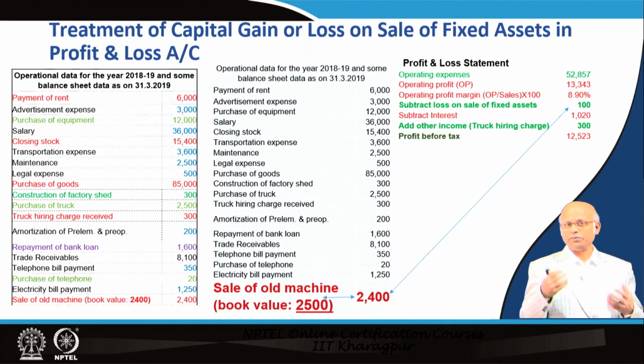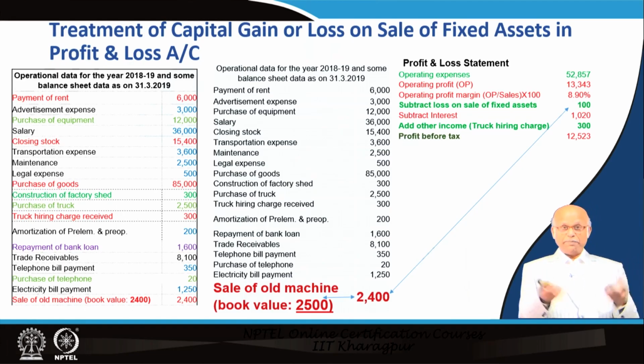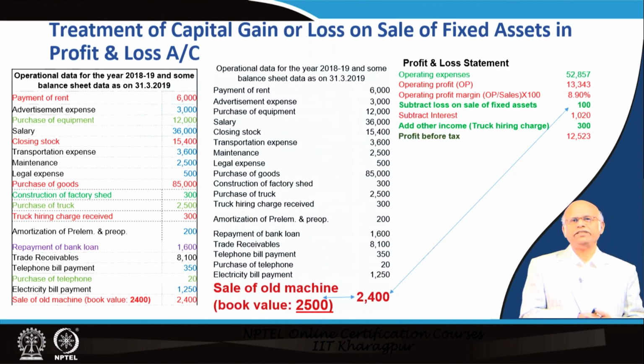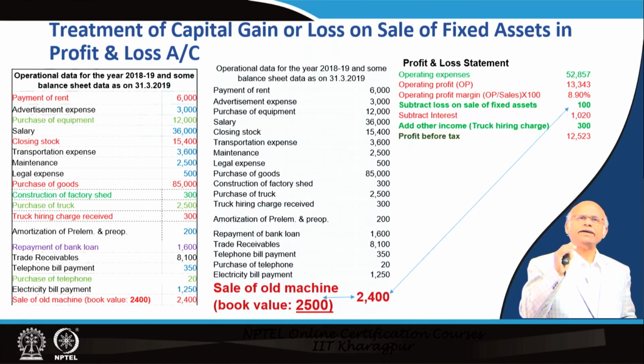If you incur a loss, suppose the book value was actually 2,500, you sold the machine for 2,400. So, you have made a loss of 100. Now, you are allowed to deduct this amount from your profit, so that your income tax liability goes down, because it is a loss. So, you add that in the operating expenses, or you deduct that after estimating operating profit.